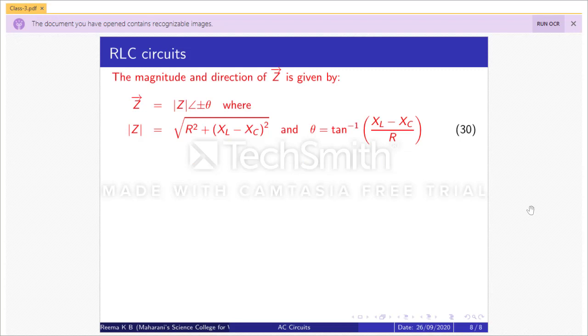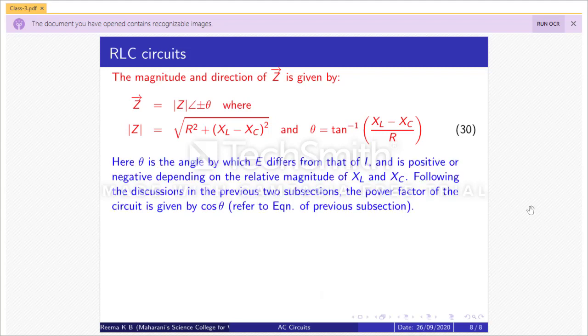The magnitude and direction of vector Z is given by vector Z is equal to magnitude of Z, where magnitude of Z is equal to square root of R square plus XL minus XC whole square, and theta is equal to tan inverse of XL minus XC divided by R. Here, theta is the angle by which E differs from that of current I and is positive or negative depending on the relative magnitude of XL and XC.